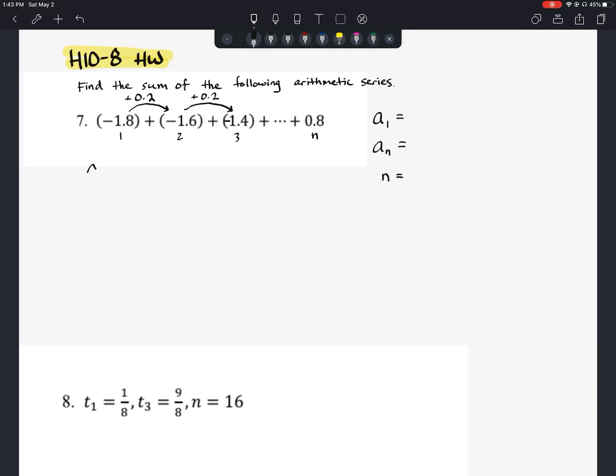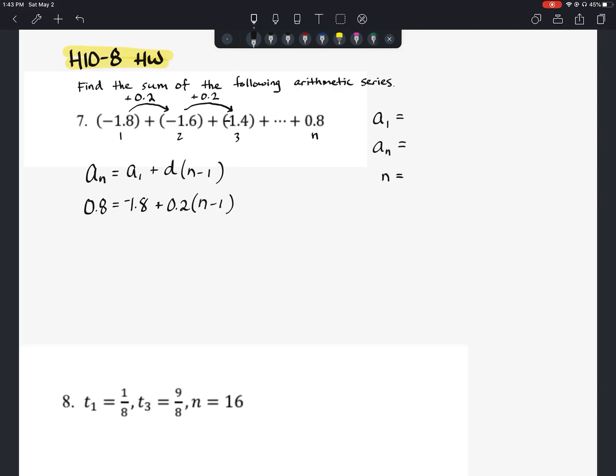So let's use our a sub n equation, right? A sub n should equal our first term plus our common difference times n minus 1. So in this case, a sub n would be 0.8. A sub 1 would be negative 1.8 plus our common difference, 0.2 times n minus 1.